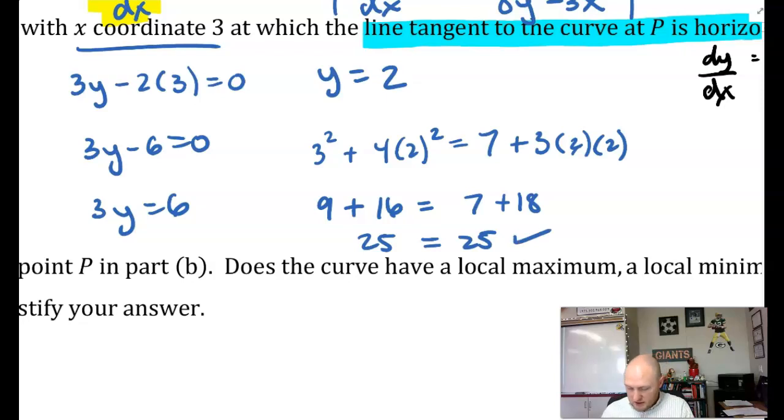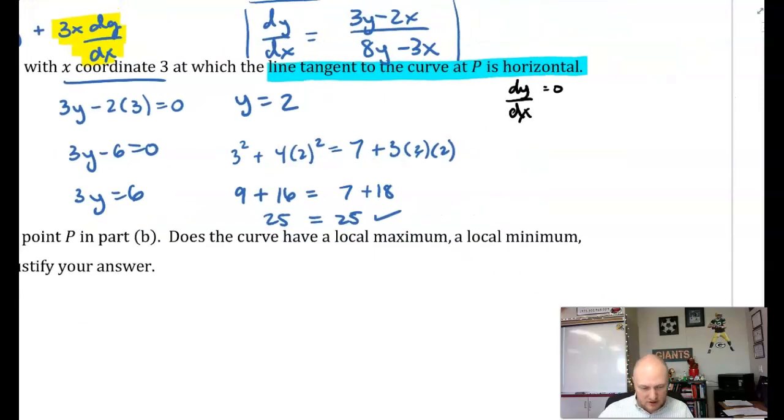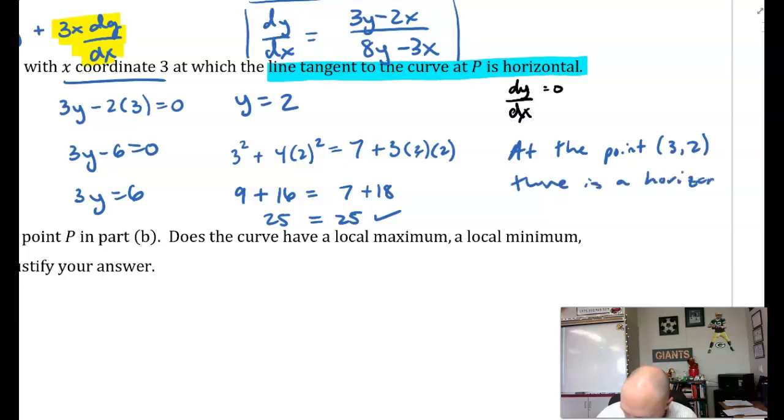Check. So there it is, we have shown it. At the point (3, 2), there is a horizontal tangent line. There you go.